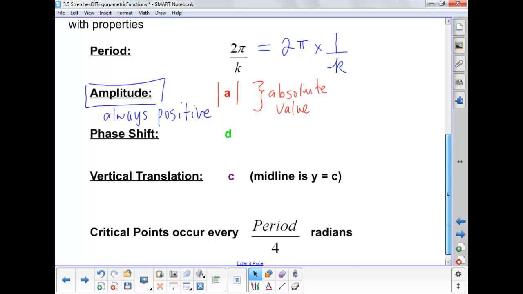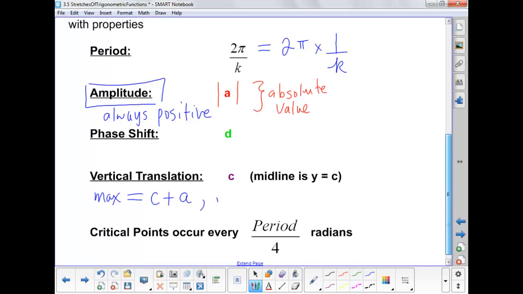Another thing that will be useful to know when graphing ties in the amplitude and the vertical translation. If I want to know where the maximum and minimum points of my function are going to be, I take the middle of my function, which is c, and add the amplitude to that; that puts me at the highest point my function reaches.